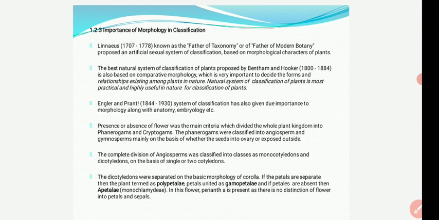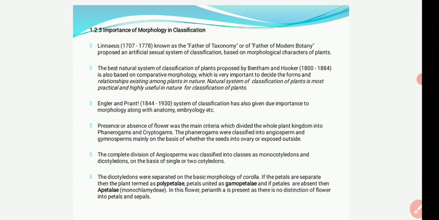So, on the basis of these morphological characters, the phanerogams are divided into angiosperms and gymnosperms. The division of angiosperms was classified into classes monocotyledons and dicotyledons, on the basis of single or two cotyledons.